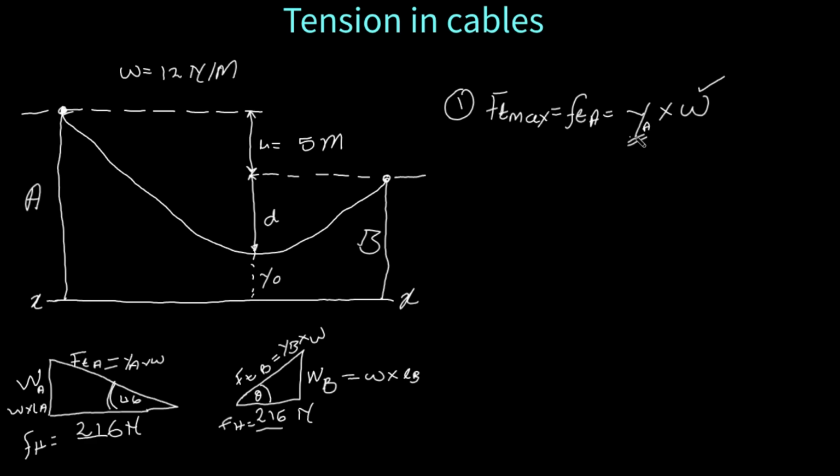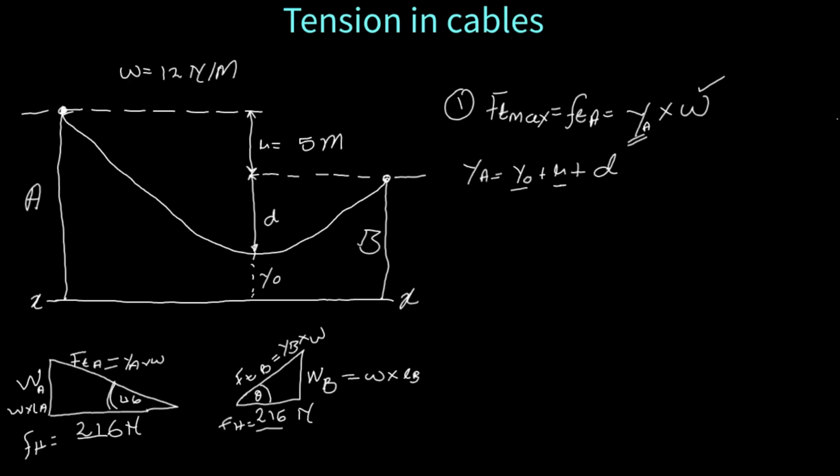We do not have the value of YA, but we can tell from the diagram that YA is equal to YO plus H plus D. We can get this since we have FH. We have this, which is H. Our problem is going to be this one.